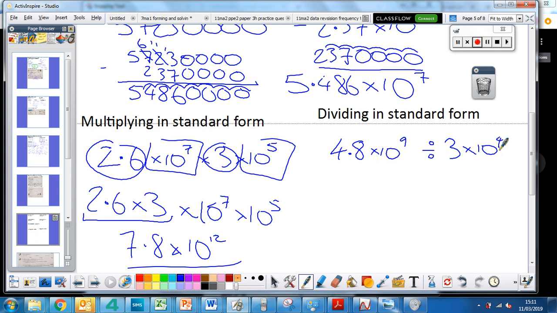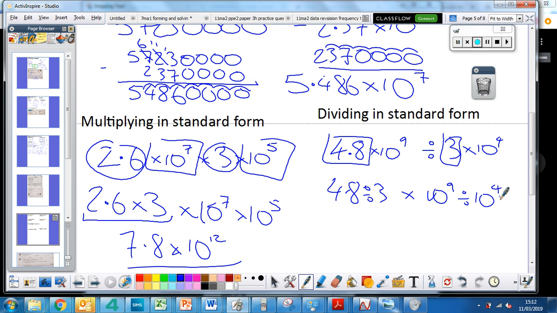You take the A parts first, 4.8 divided by 3, and then we do times 10 to the power 9 divided by 10 to the power 4. So you rewrite it in two parts, two separate divisions. 4.8 divided by 3 is 1.6. Using our index laws from earlier, 10 to the 9 divided by 10 to the 4 is 10 to the power 5.